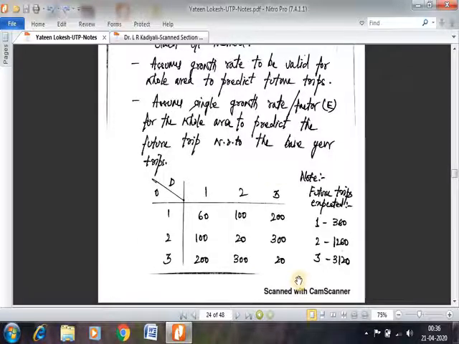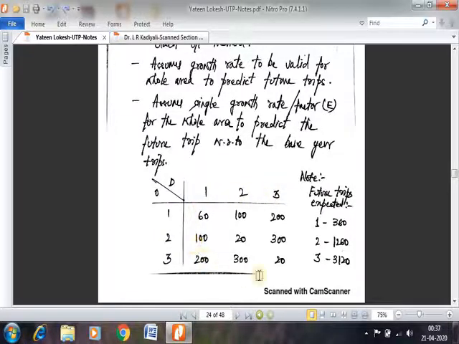In this simple problem, we have considered three zones, zone 1, 2 and 3. For these three zones, we will be developing an OD matrix where origin or generation will be along the y-axis and destination or attraction will be along the x-axis. So zone 1, zone 2, zone 3, zone 1, zone 2, zone 3.